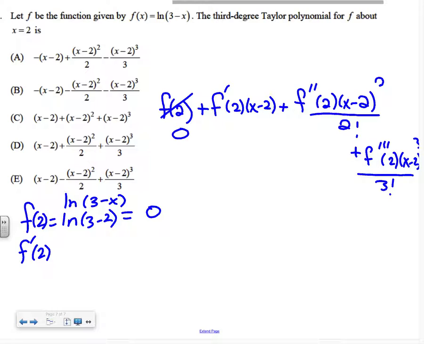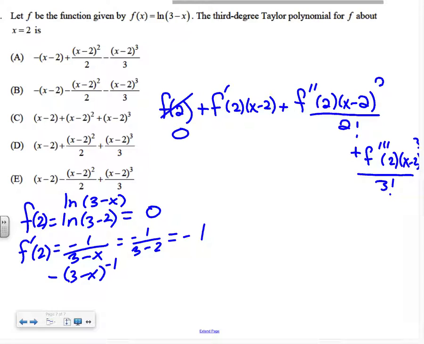You've got to use the chain rule. It's negative 1 over 3 minus x. Plug in 2: negative 1 over 3 minus 2 is negative 1. I'm going to rewrite this as negative 3 minus x to the negative 1 to take the derivative.